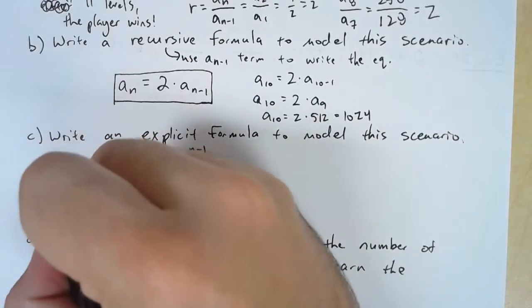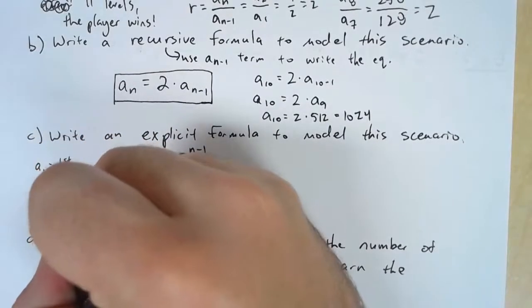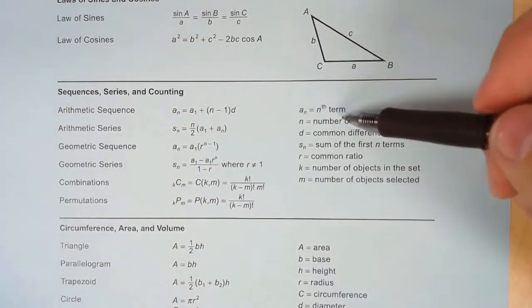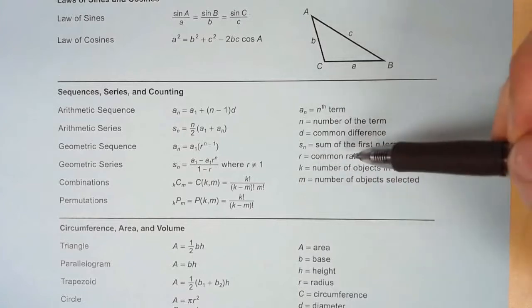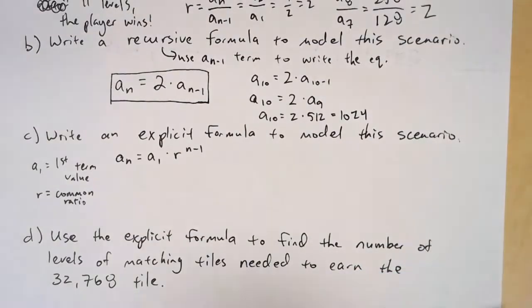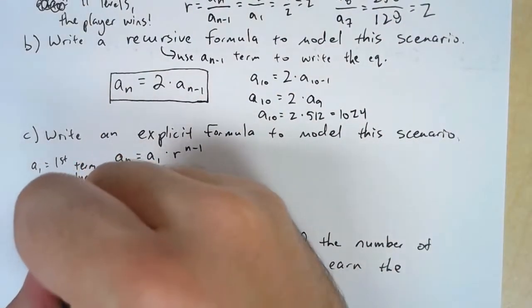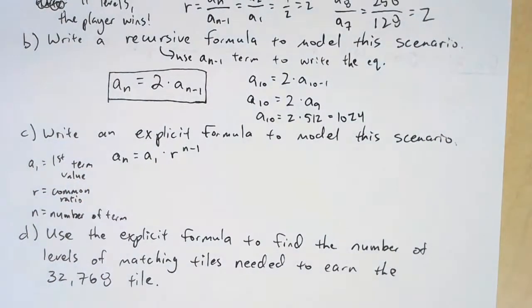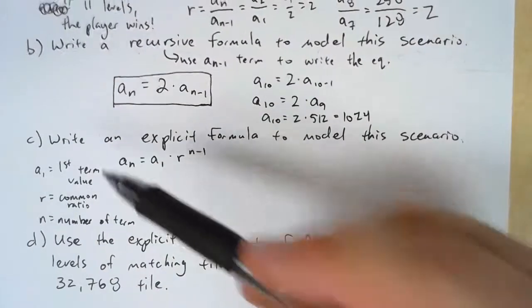Remember, r is our common ratio. a sub n is the nth term, a sub 1 is the first term, r is our common ratio, and n is, don't forget, the number of the term. n kind of acts like x, our input value for an explicit formula, and a sub n kind of acts like y.